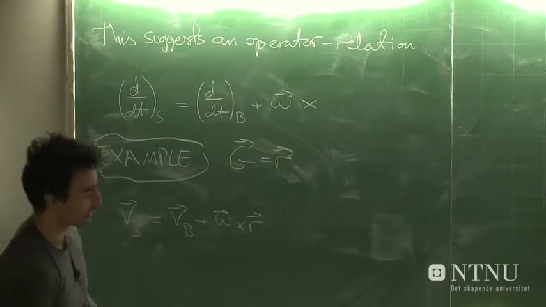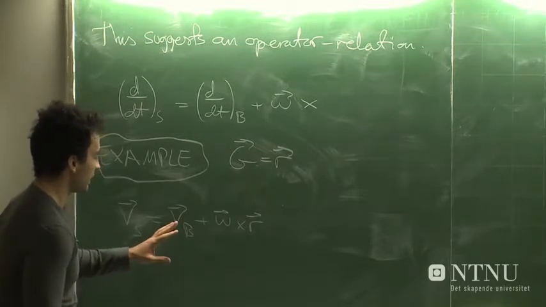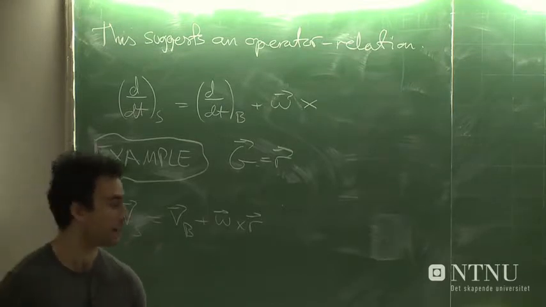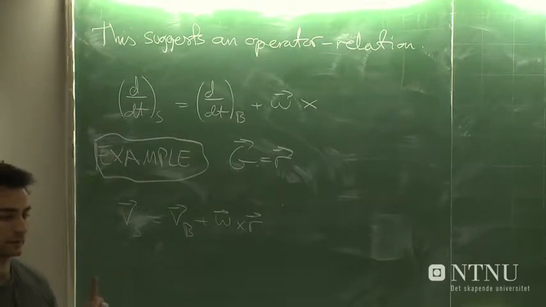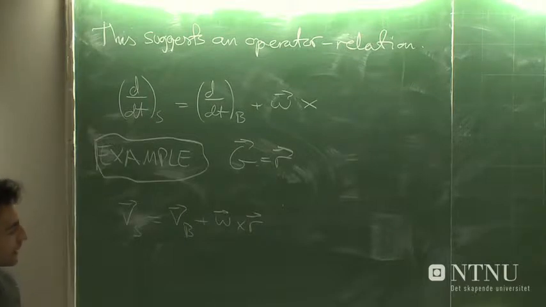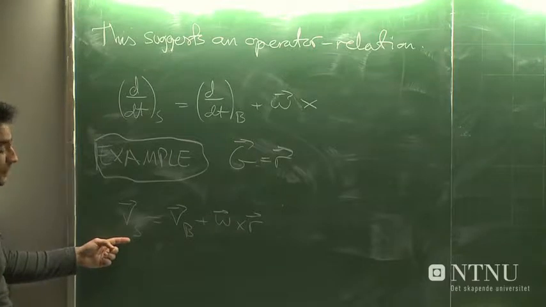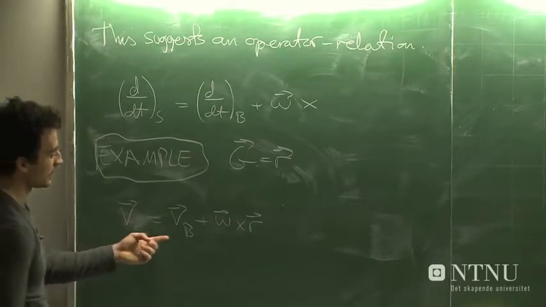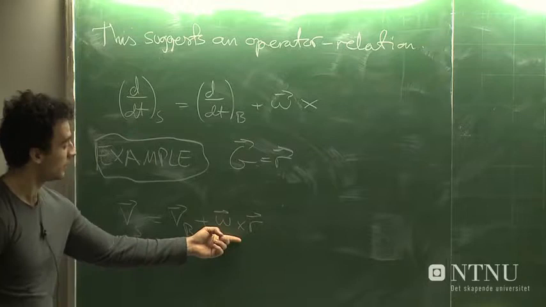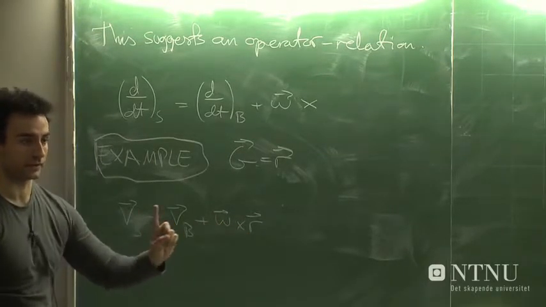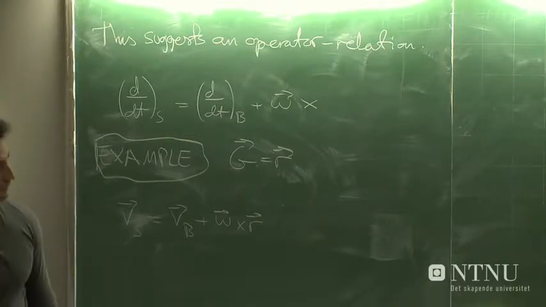And we can see that this makes sense, because if the velocity of some object in the rotating frame of reference is 0, in effect it's some vector attached to the reference system which is fixed, then this is 0, and the velocity as seen from the fixed coordinate system is just this angular velocity crossed with r, which gives us the linear tangential velocity for a circle, for instance.